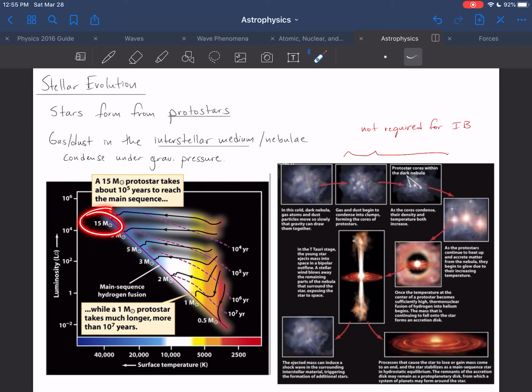So a 15 solar mass star here is only going to take on the order of about 10 to the 5th years or so to reach the main sequence, whereas a 1 solar mass star will take somewhere on the order of 1 million to 10 million years.